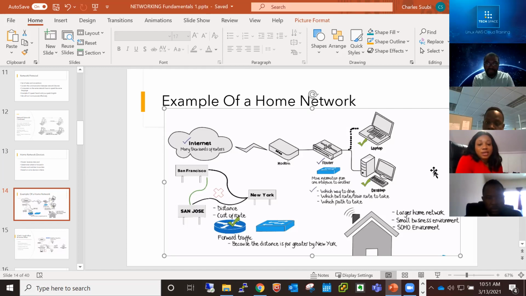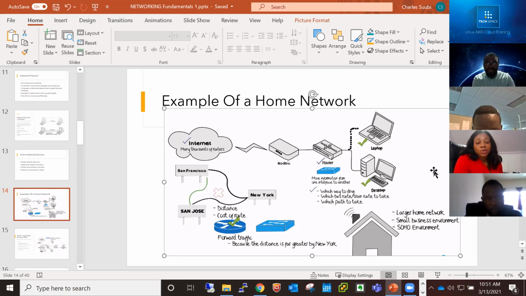The internet is the ISP, and when we contact our ISP for an internet connection, they get us a modem or a router, and most times the router and the modem can be integrated together.